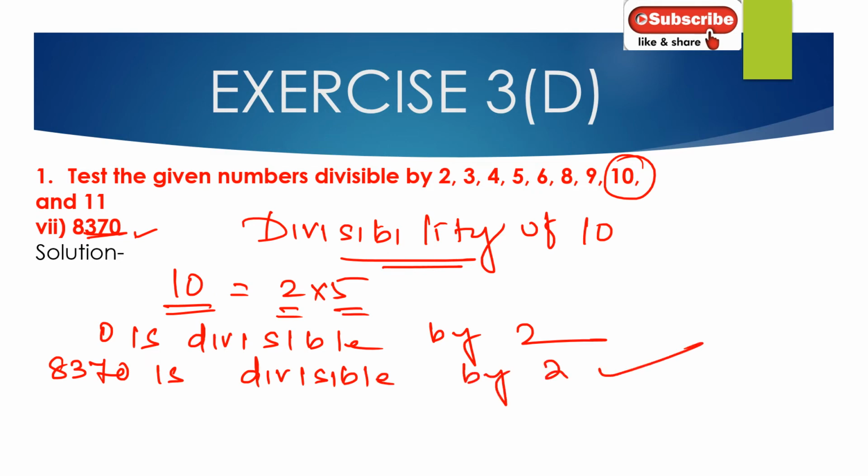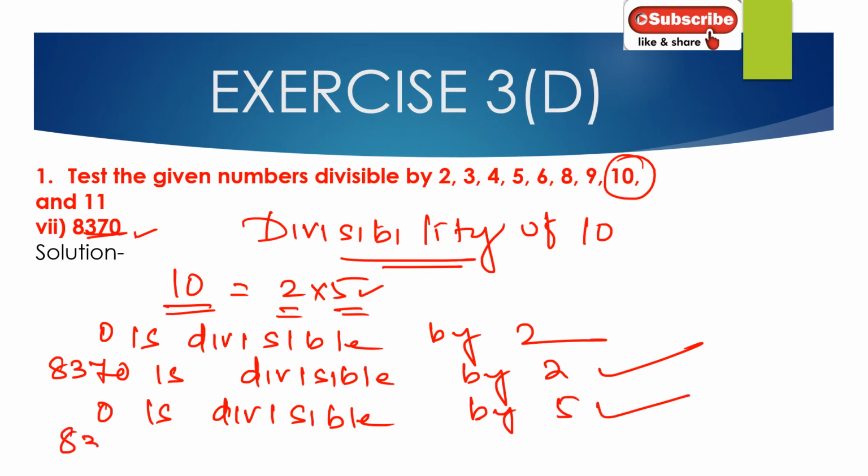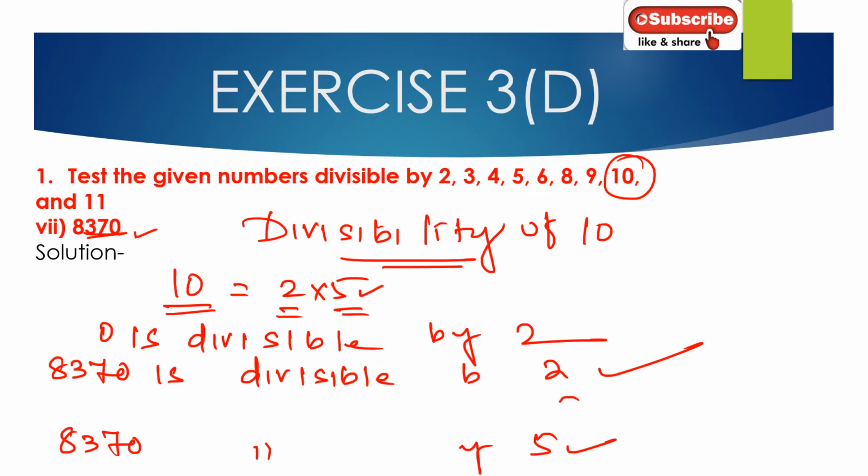Now we'll check whether the number 8370 is divisible by 5 or not. Here the last digit is 0. 0 is divisible by 5. So 8370 is divisible by 5. Here the number 8370 is divisible by both 2 and 5.